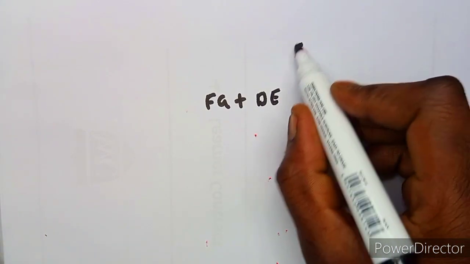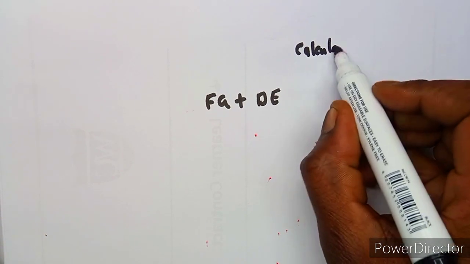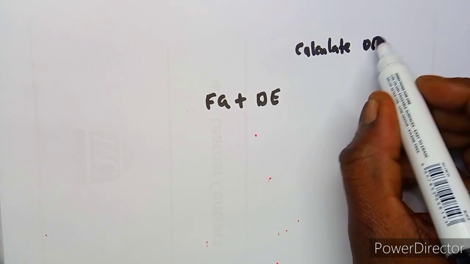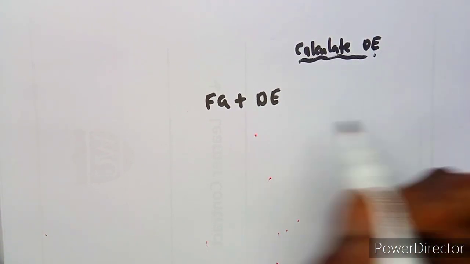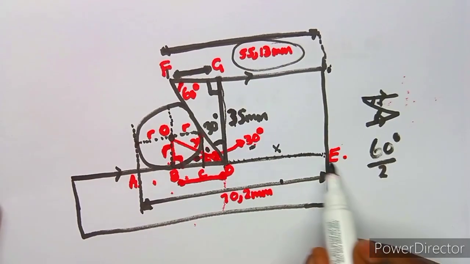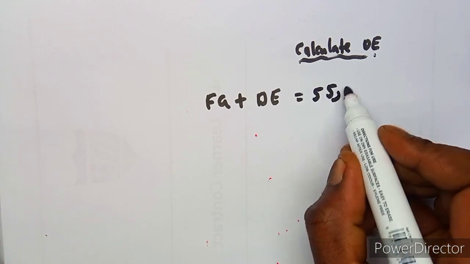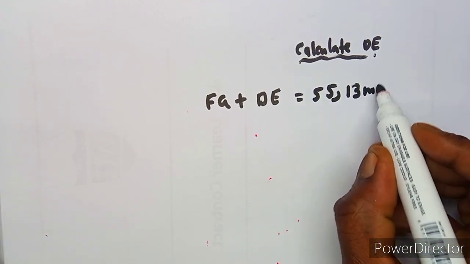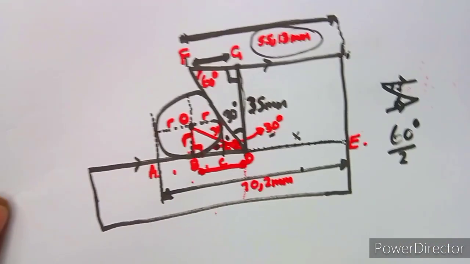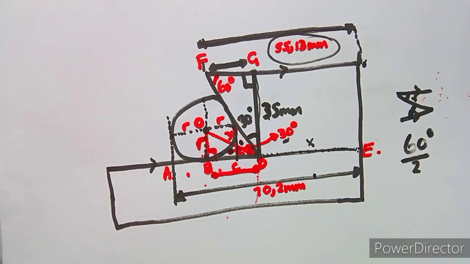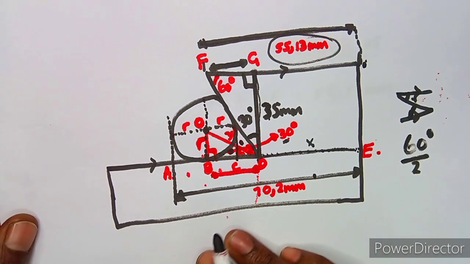This time we said we want to calculate DE. So these are the stages that you're going to take. FG plus DE is going to give us this 55.13 millimeters. Now this is it, guys. Let's make DE the subject.